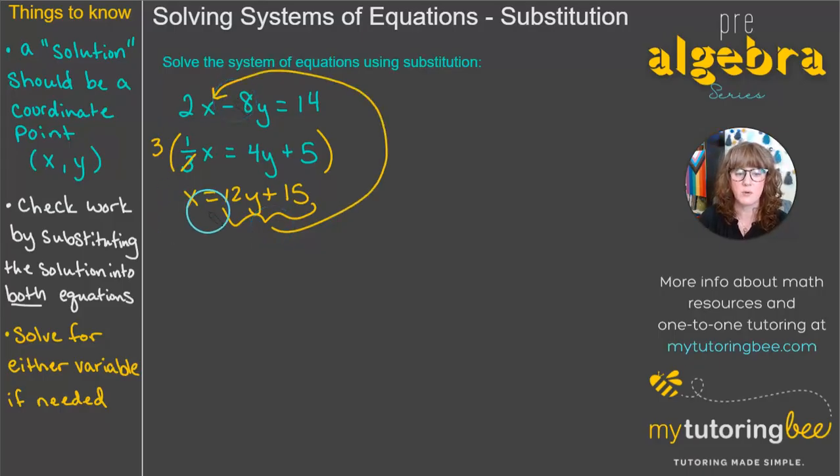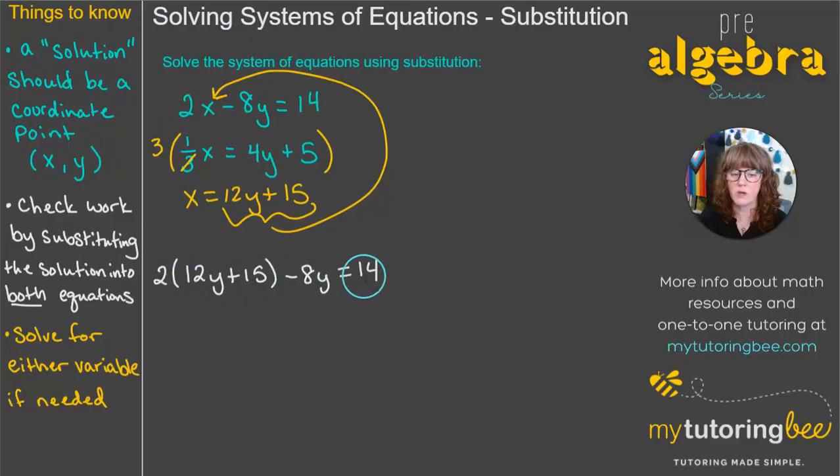Since x equals 12y plus 15 for this equation, then it will equal 12y plus 15 for this first equation. Let's go ahead and rewrite that with the substitution. So 2, and instead of x, I'm substituting in 12y plus 15, minus 8y equals 14. Okay, let's go ahead and simplify and solve for y.